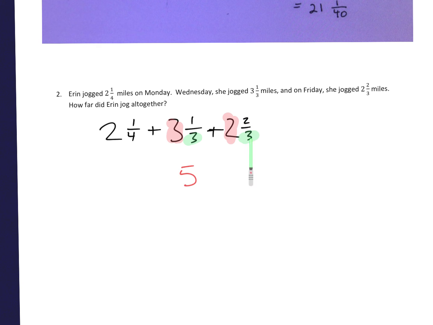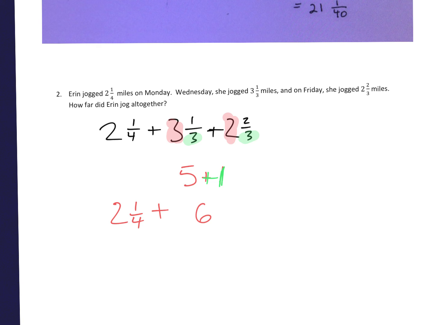And 3/3 is equal to what? 3/3 is the same as 1. I'll do that in green. Plus 1, because 1/3 plus 2/3 is 3/3, and that gives me 1. So now I have 6 plus 2 and 1/4.